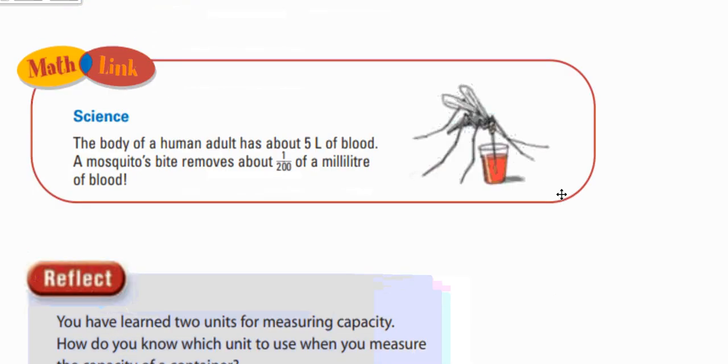And just another kind of interesting piece of information. An adult human, now you guys are smaller than full-grown adults, so yours is a little bit less, but an adult human has about 5 liters of blood in them. And when a mosquito bites us, that is about 1/200th of a milliliter.